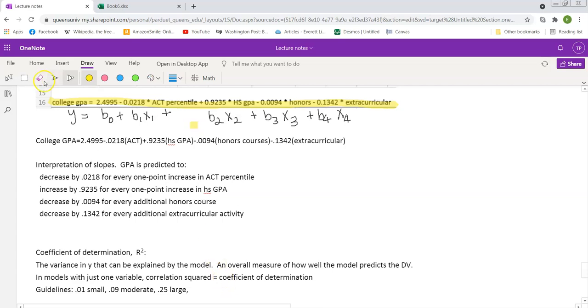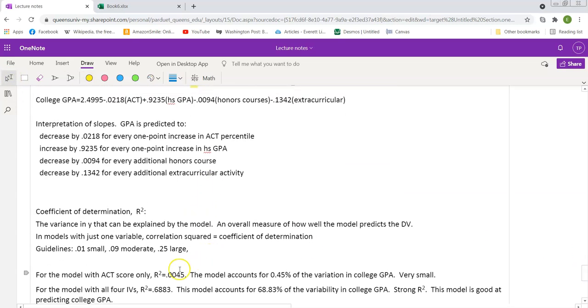And so if we look at the first model we had, we've only explained less than 1% of what makes people different in their college GPAs. So that's not good.